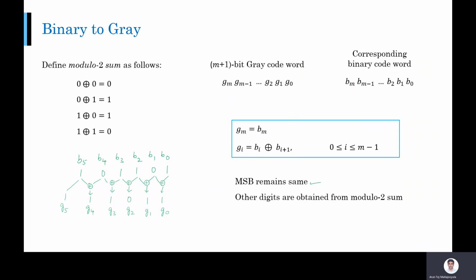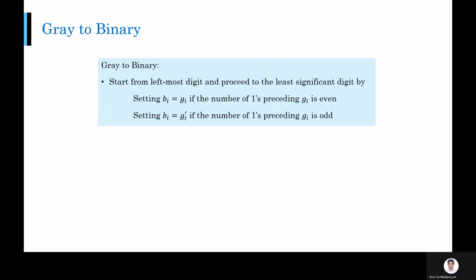Okay, let us look at the other way. If gray code is given, how do you convert back to binary code? So the rule is you start from the leftmost digit and proceed to the least significant digit by setting Di equal to Gi if the number of ones preceding Gi is even. Okay, setting Di equal to Gi complement if the number of ones preceding Gi is odd.